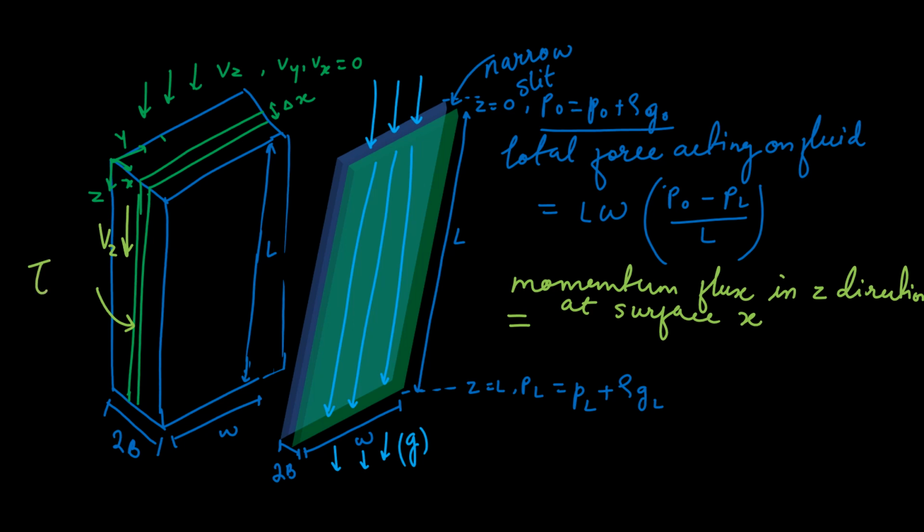It's due to shear stress, right? So the shear stress acting on the fluid at distance x on the shell is tau xz at x, z because of the z direction at the x surface. Then leaving, it's in the negative direction, so minus tau xz at x plus delta x.